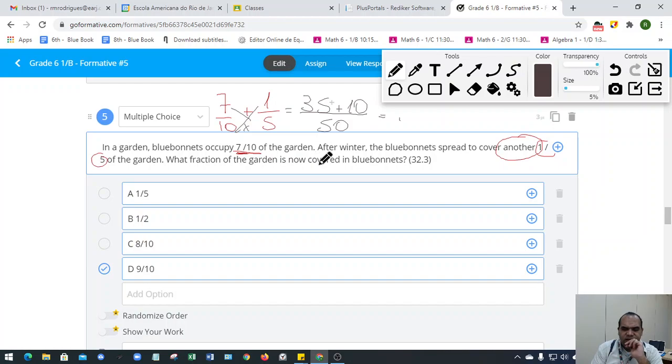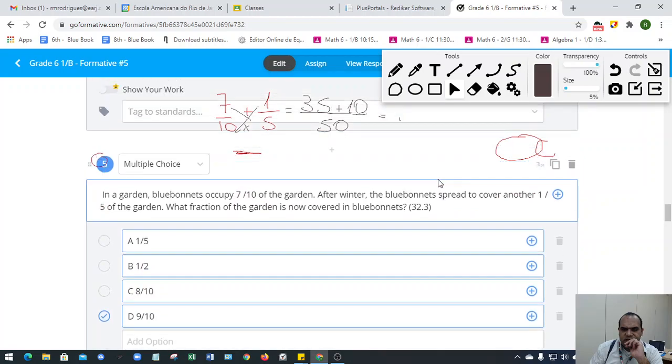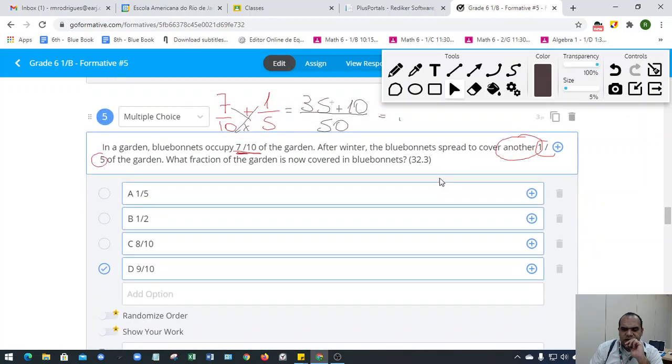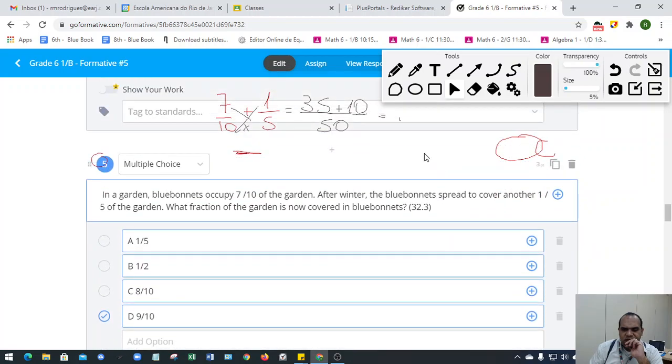Let's just move a little bit, guys. Right now I work on here. Here I have 45 over 50. Great. Can I simplify?